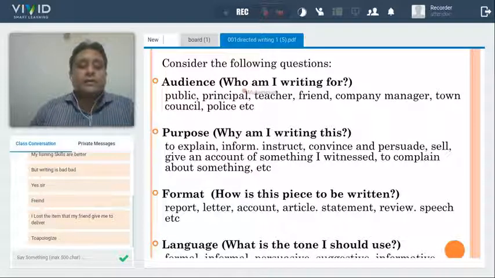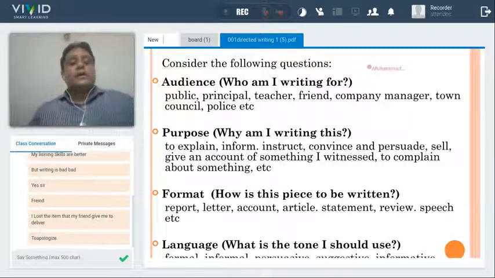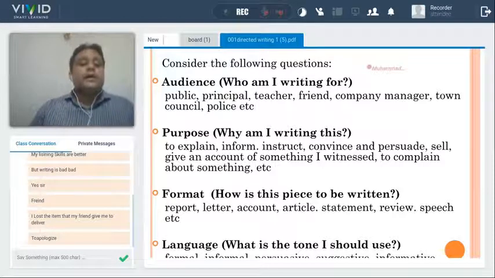Very good. Next, format. So we have decided as yet that the audience of our letter is a friend, and we have analyzed that the purpose of writing this particular letter is to apologize. Next thing is the format.